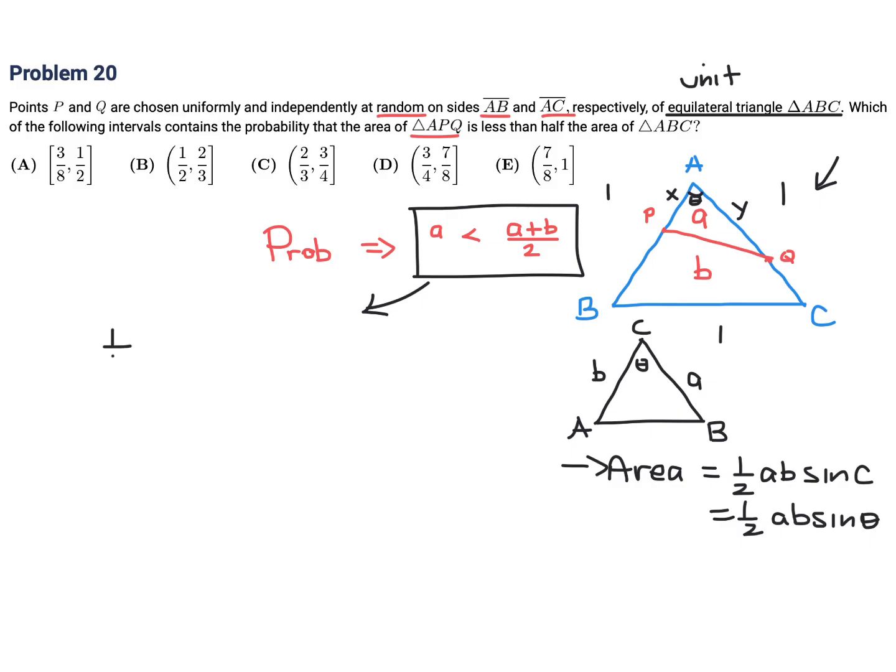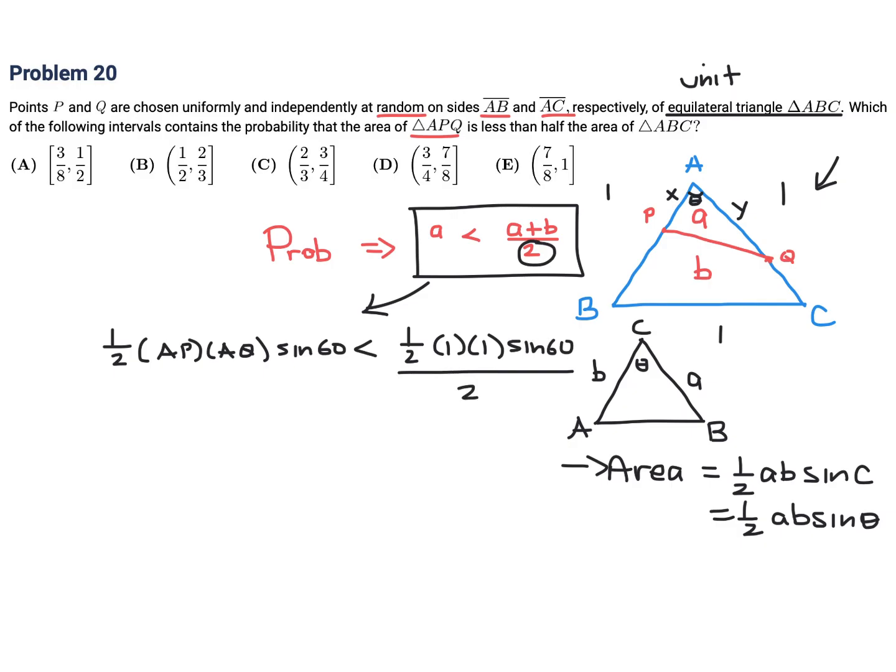So using that, it'll be 1/2 AP times AQ times the sine of the angle, well, it's an equilateral triangle, so all the angles are 60, and that is less than the whole triangle ABC's area, so that would be 1/2 times 1 times 1 times the sine of 60, and then all over 2 to account for that 2.